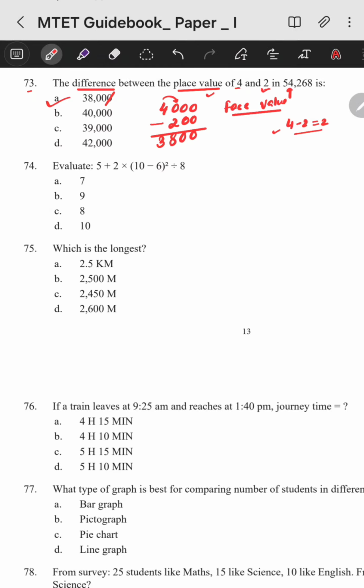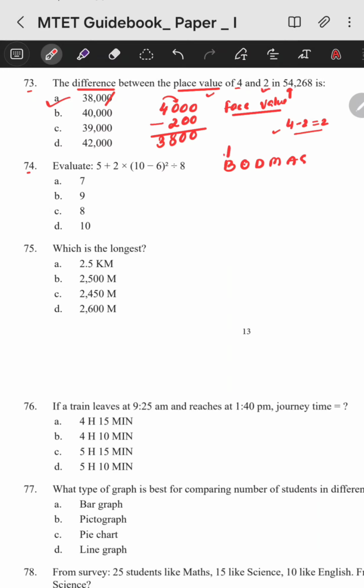Okay, the next question number 74 asks to evaluate. The equation is given here, and we have to evaluate. Before evaluating, we have to know one rule, known as the BODMAS rule.